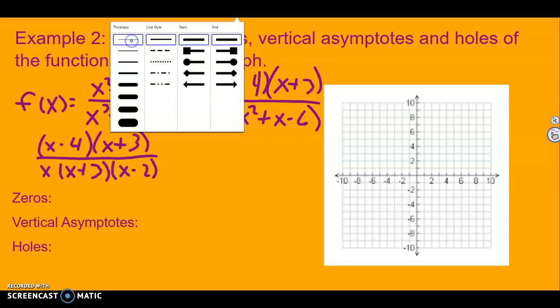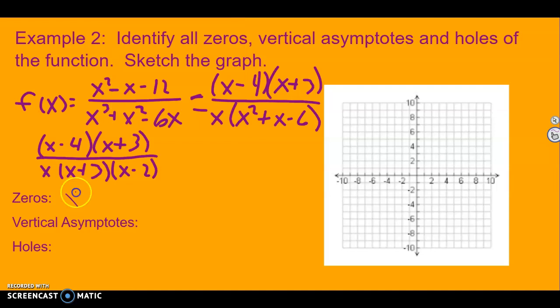All right, so we have zeros at x equals 4 and x equals negative 3. That's from looking at the top of our fraction. The bottom of the fraction says you have vertical asymptotes at 0, negative 3, and 2.